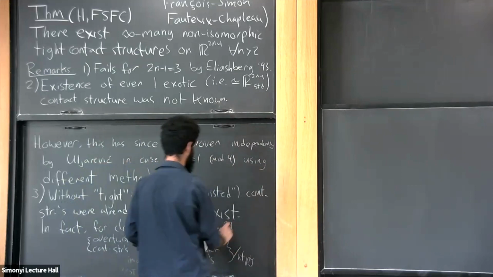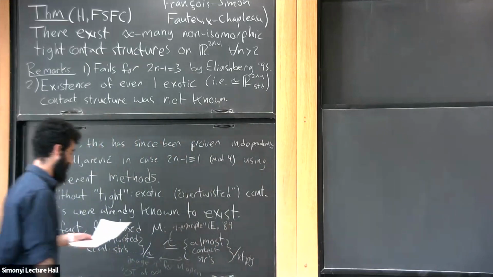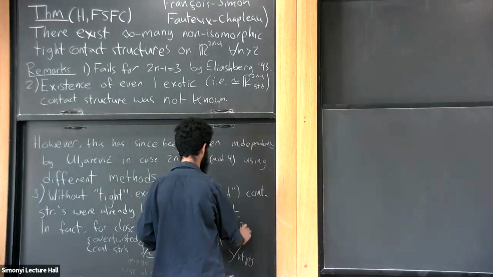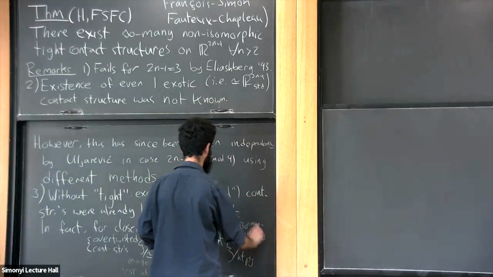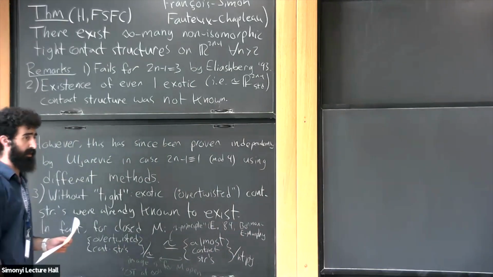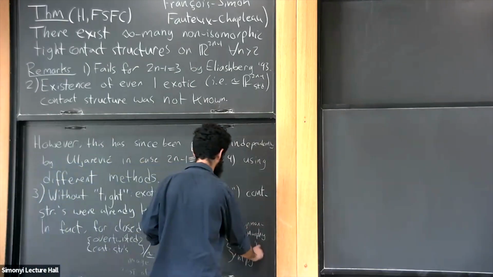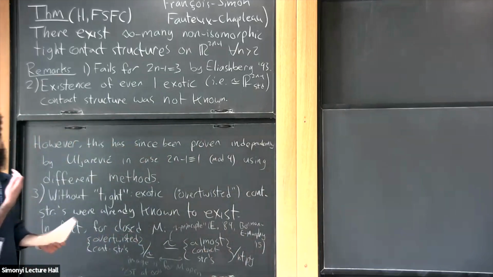So that was in the case of three-dimensional manifolds, which was the only context in which tight was defined at the time. Later, Borman, Eliashberg and Murphy in 2015 extended the notion of overtwisted and tight to higher dimensions, and at the same time proved the same h-principle. Okay, so that's why we look at tight ones.